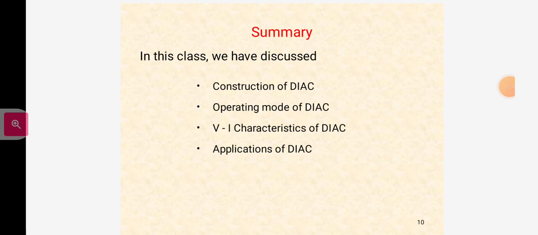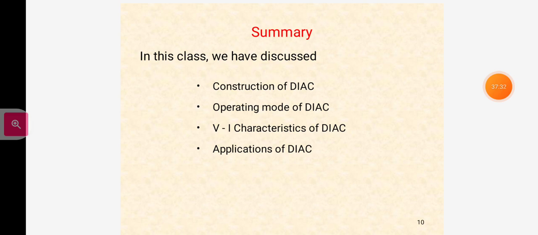The behavior in both directions is similar because the doping level is the same in all the layers in both directions. Generally, the breakover voltage of DIAC is 30 to 50 volts, and the voltage drop across the device is about 3 to 5 volts.